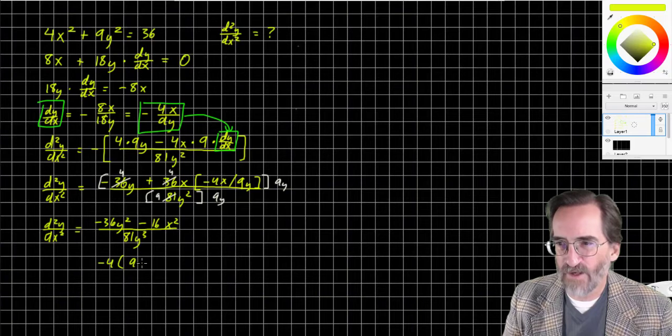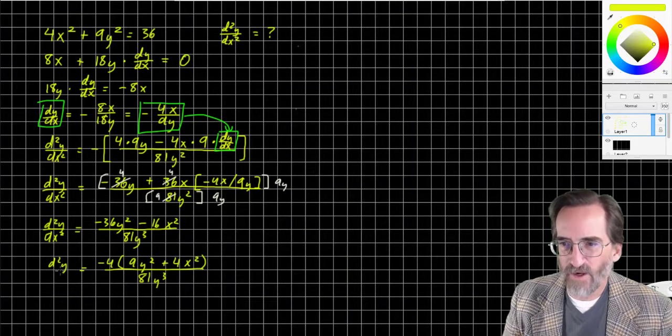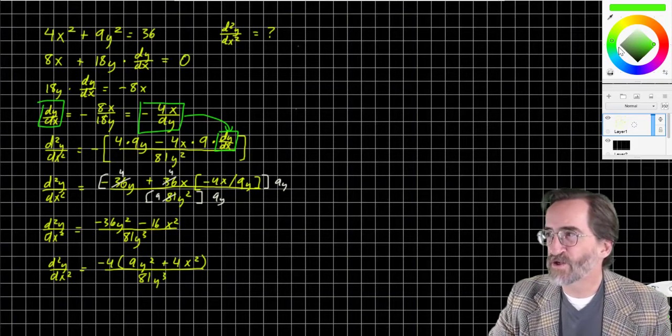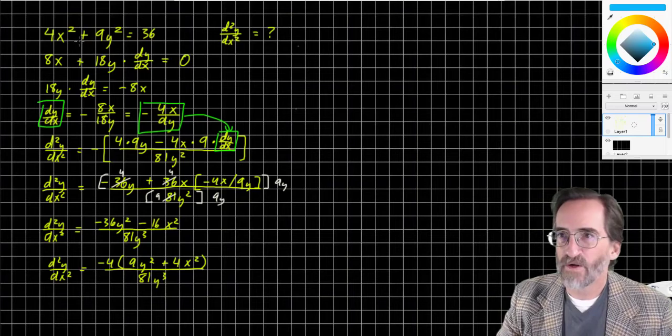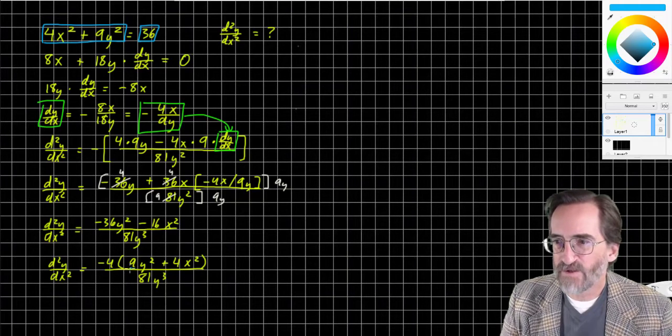Negative 4 times 9y squared plus 4x squared over 81y cubed. d squared y dx squared. Now I want you to notice something here. 4x squared plus 9y squared is defined as being equal to 36. Here's 4x squared plus 9y squared. So that is 36.